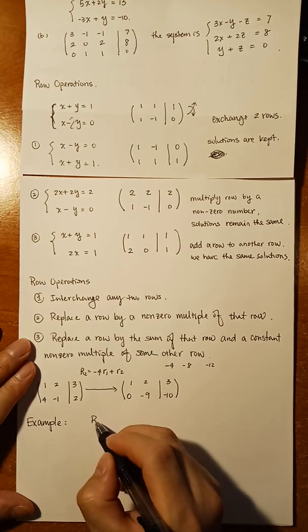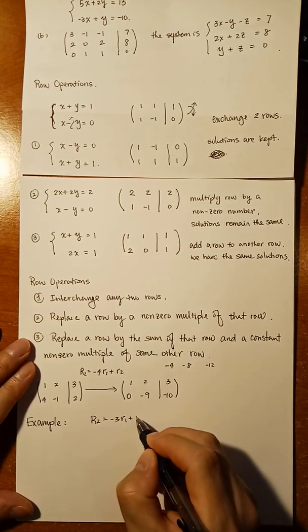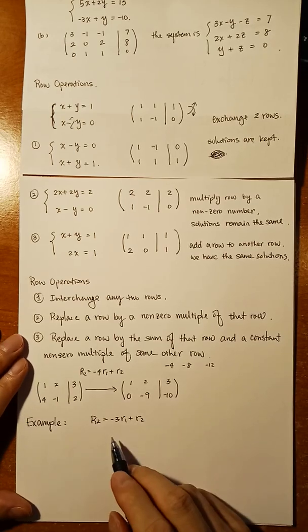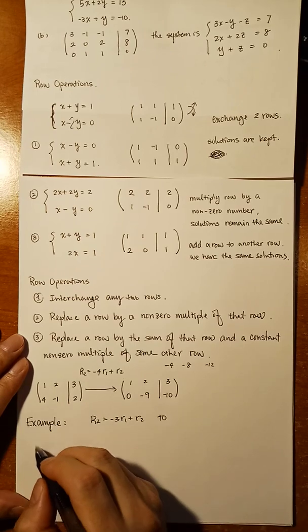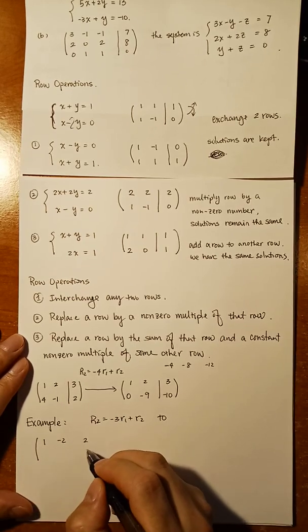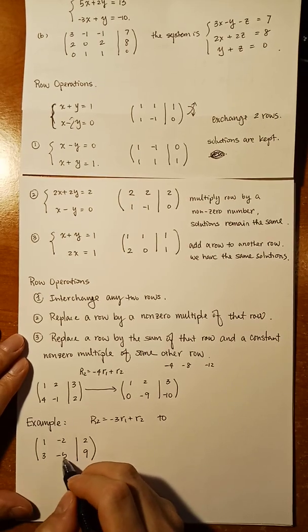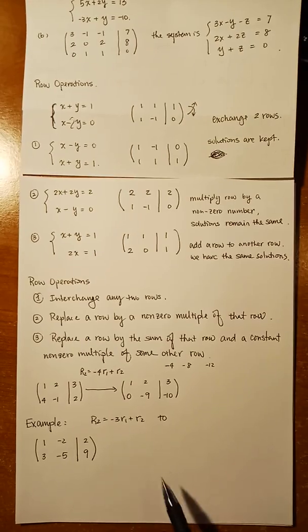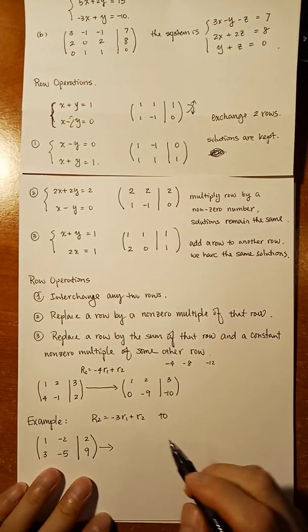If we want to apply this operation, we have to understand the meaning of the operation. Take this augmented matrix, 1, -2, 2 on the left side, 9 and 3, -5. R2 means the new second row.